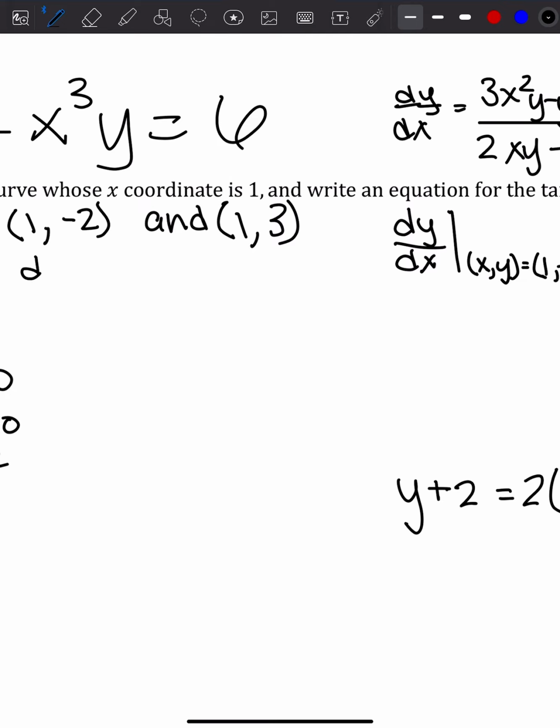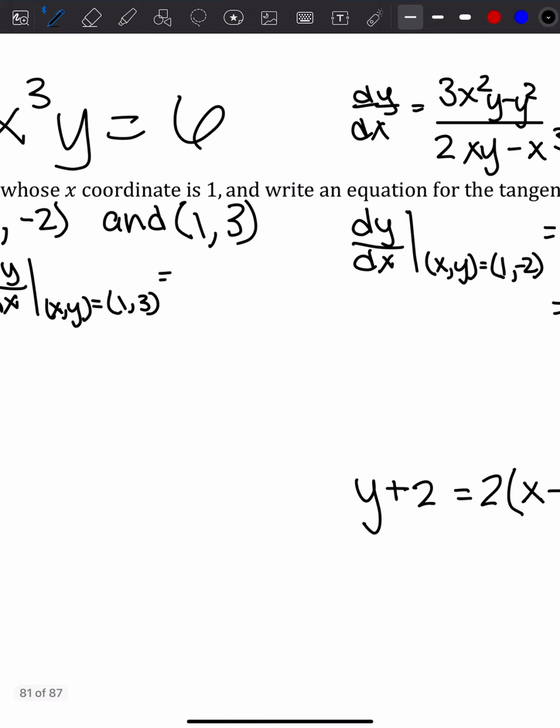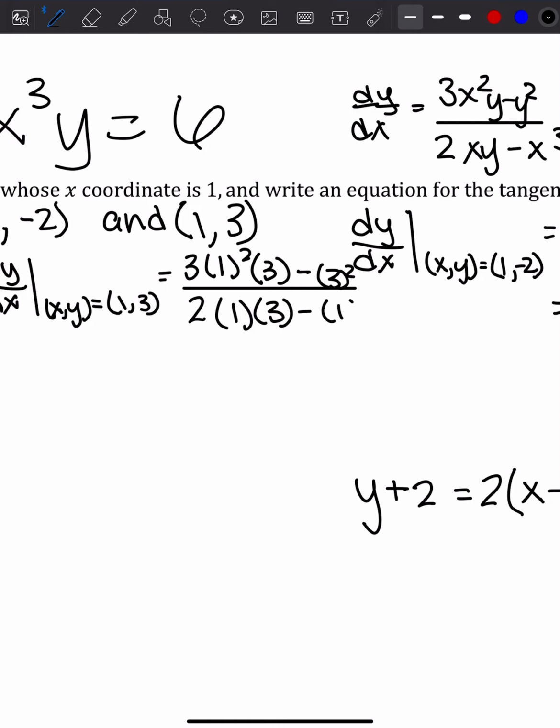We're going to do the same thing. dy over dx evaluated at x, y equals 1, 3. So we have 3 times 1 squared times 3 this time, minus 3 squared, divided by 2 times 1 times 3 minus 1 cubed.